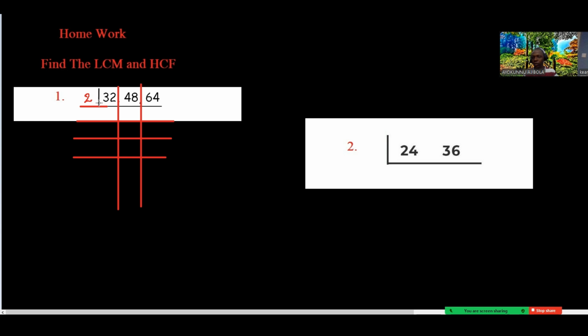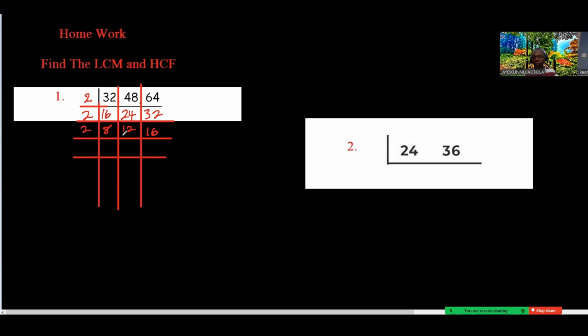So if I use 2 at first, 2 in 32 is 16, okay? And 2 in 48 is 24, while 2 in 64 is 32, okay? Then 2 can divide again. 2 in 16 is 8, 2 in 24 is 12, and 2 in 32 is 16, okay?